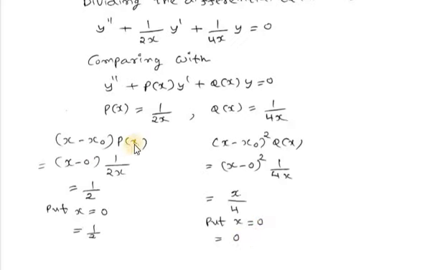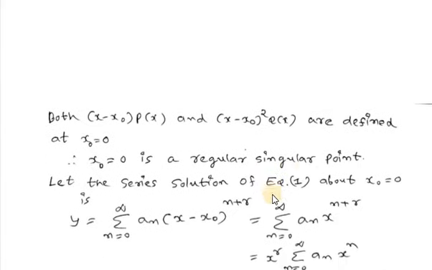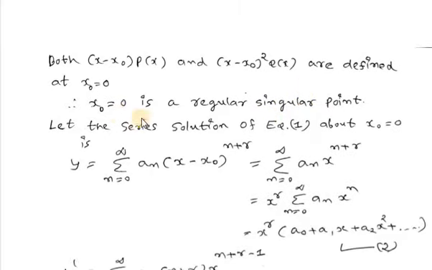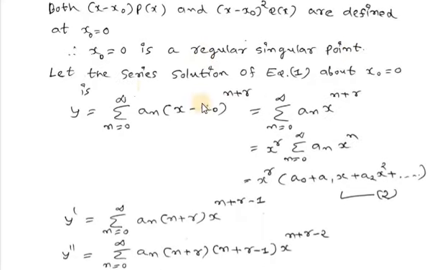So (x minus x0) p(x) at x equals 0 is 1 by 2, and (x minus x0) whole square q(x) at x equals 0 is 0. Both of these values are finite. It means x0 equals 0 is an RSP, regular singular point.